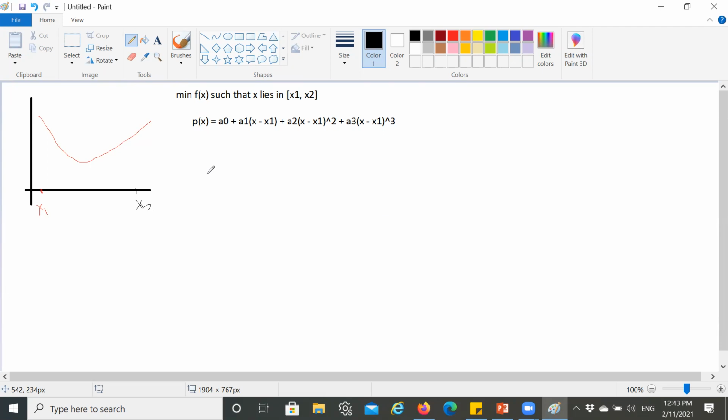Therefore, we should mention it in our polynomial equation. Is it right? That's not what I asked. I asked you where did this x minus x1 come from? Why is it that I can write a cubic function in this form? Is it correct that I can write it in this form where x1 is this point? How did I get this equation? That's my question.